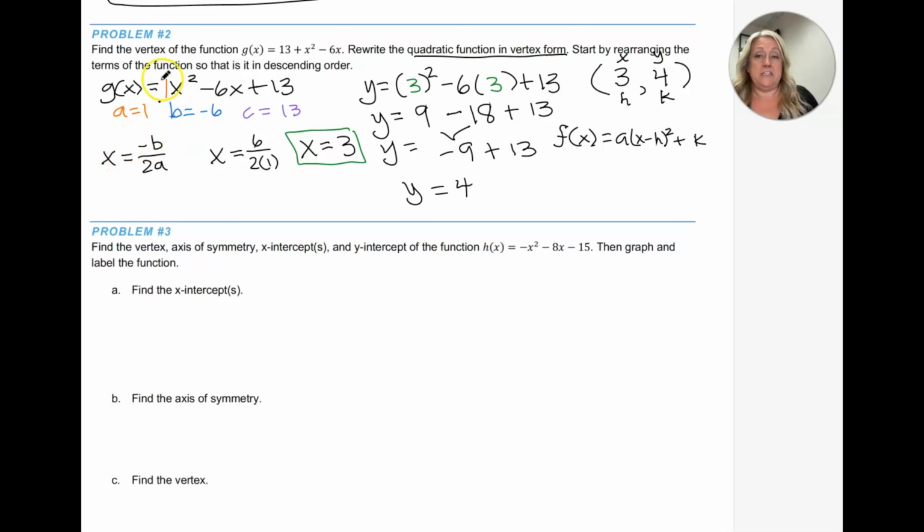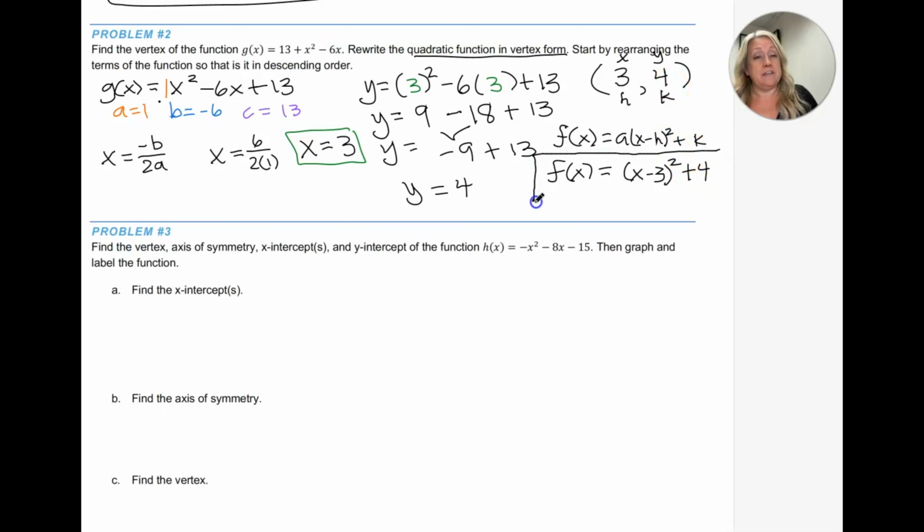My a is just 1, so I don't need to put that in front of there because 1 times anything is just itself. But in place of my h, I'm going to put 3, so I'll have x minus 3 all squared, and then plus my k, which is 4.